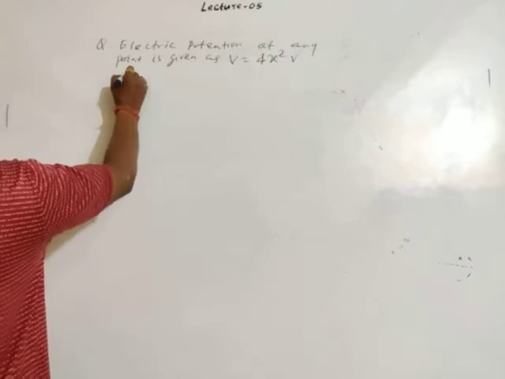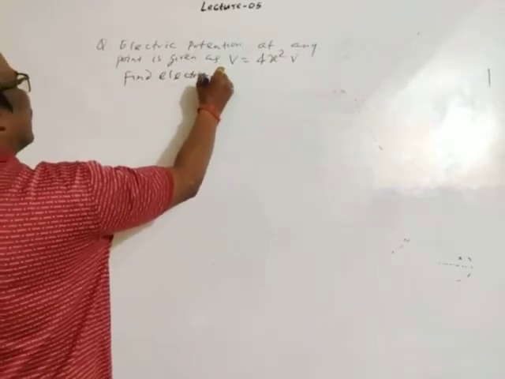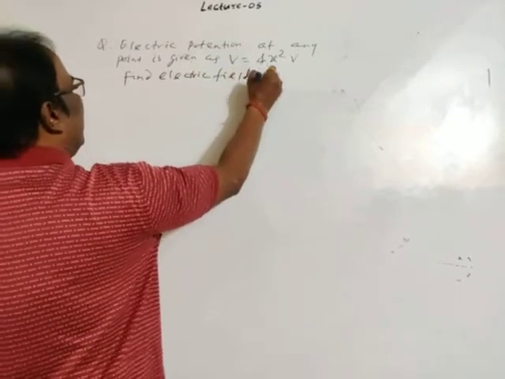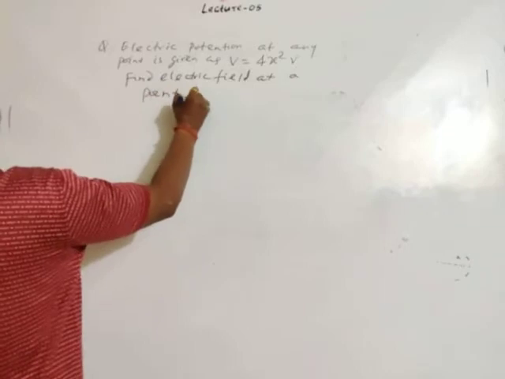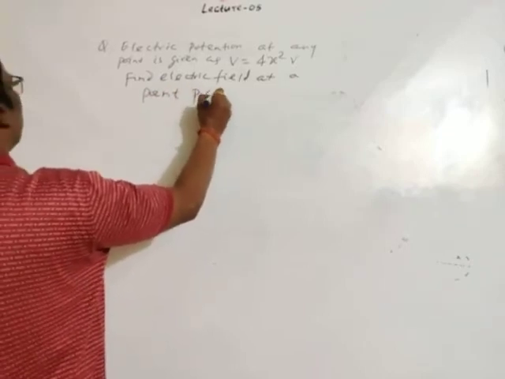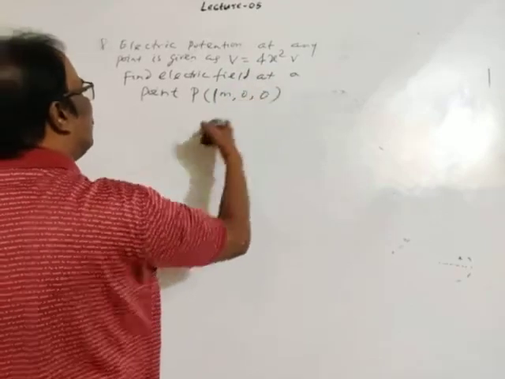Okay, find the electric field at a point P. Coordinates are given. Suppose 1 meter, 0, 0.